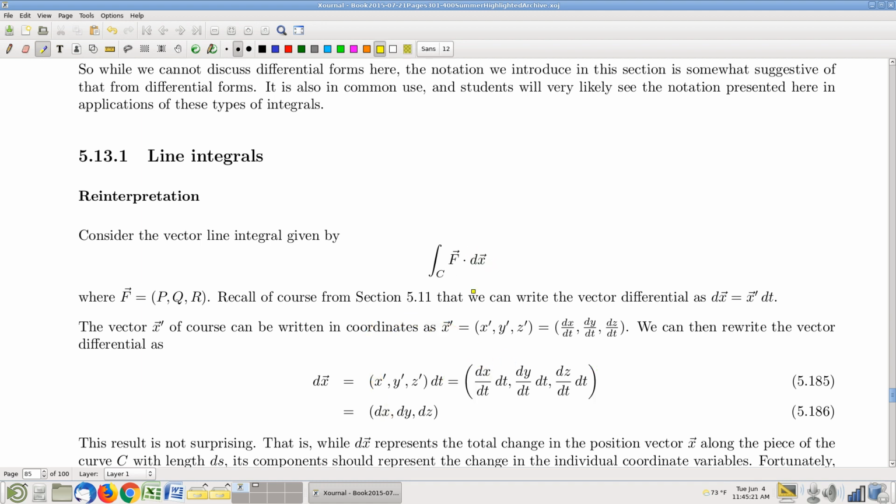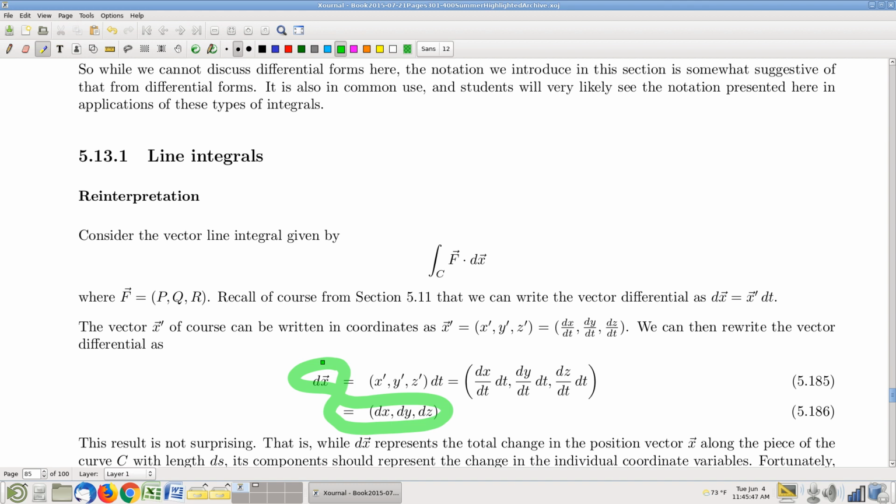So what I have here is a motivation for a different way to think about the dx vector. I've previously thought about the dx vector in terms of how it relates to the unit tangent vector. I thought about the dx vector and how it relates to the velocity vector. Now, I've got a point of view on how to think about the dx vector in coordinates.